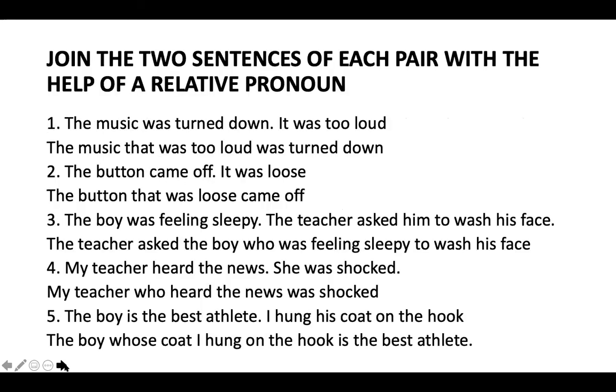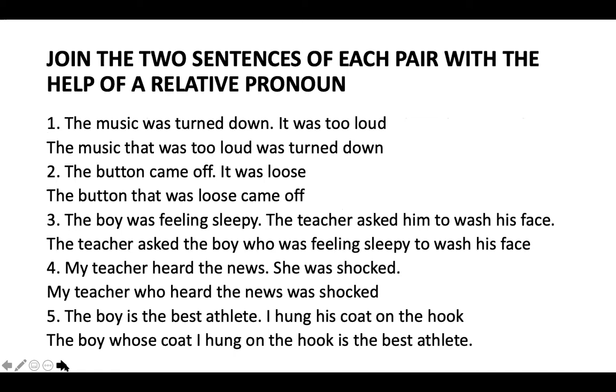Now we will go to the next exercise. Join the two sentences of each pair with the help of a relative pronoun. So you have to read the sentences and make both sentences into one by joining them with the help of a relative pronoun.